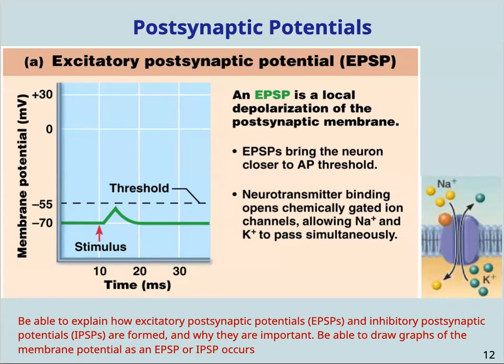So there's a net depolarization. And if enough neurotransmitter binds, the depolarization of the postsynaptic membrane can reach as high as 0 millivolts. That's way above the axon's threshold of about -50 for firing an action potential.